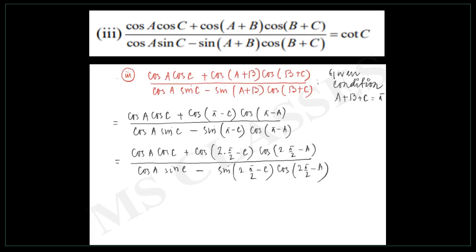Now here we have even multiples of pi by 2 in all cases. So in all the cases, whatever trigonometric ratio is applied, only that will be written. You only have to understand in which quadrant pi minus some angle will lie. And it's very simple to understand.